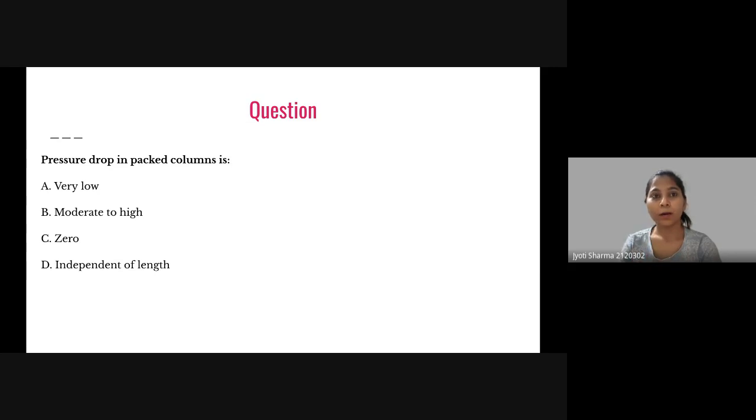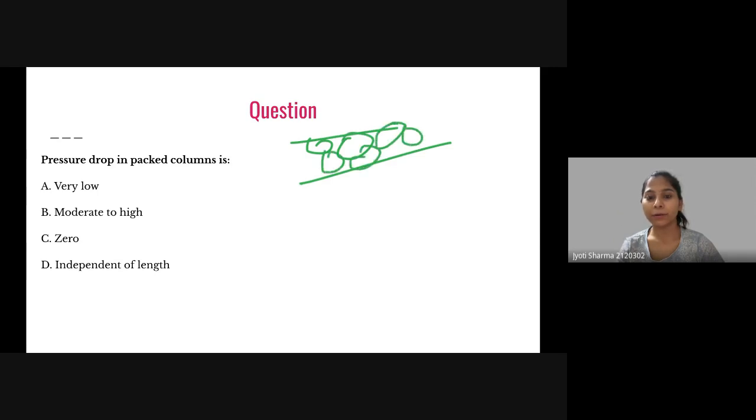It is difficult to trickle down the water when the pore size is very low. Why is this? Because there will be a high pressure drop, right? And gravity will not help us to percolate that water. The same is the case with the packed column, which is full of molecules, so it is also making a very tight packing.